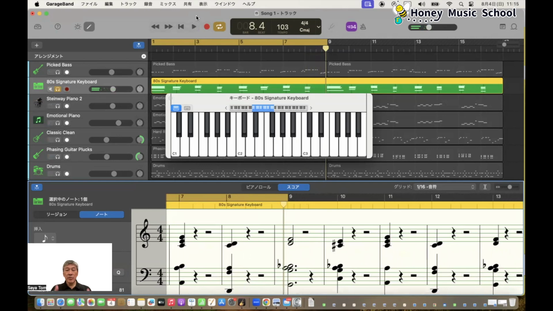Okay, so that wraps up the fourth element, which is chord progression. So we went through the four. So hopefully this helps you dissect this song, Plastic Love by Mariya Takeuchi.